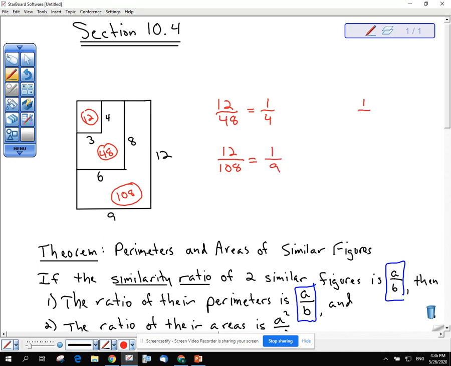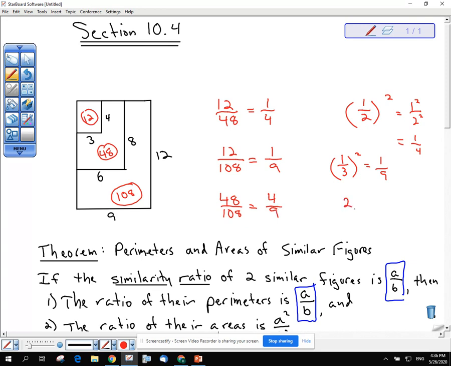Why? Well, because on this one, 1/2 squared, or 1 squared over 2 squared, either way, is 1/4. Here, we got 1/3. 1/3 squared, or 1 squared over 3 squared, same thing, is 1/9. And even 48 over 108, where we got a similarity ratio of 2/3, 48 over 108 is going to be 4/9.